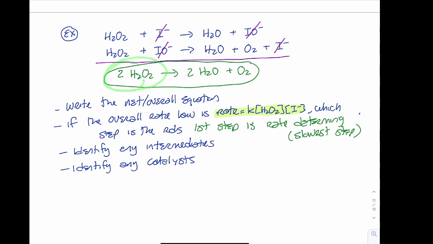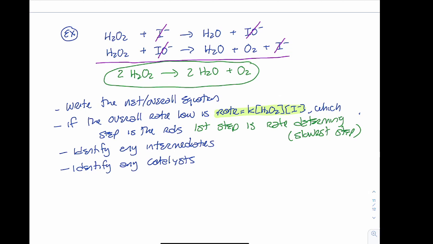We cannot look at our overall reaction and figure out our rate law from it. The only time you could ever do that is if there's a one-step mechanism, because then that one step is the rate determining step, which happens to not be the case here. I have two steps, clearly given because I'm given two steps. And we do know then if our first step is rate determining, then the overall rate law is the same as the rate law for that first step. If it's not the first step that's rate determining, then we don't necessarily know which one it is.